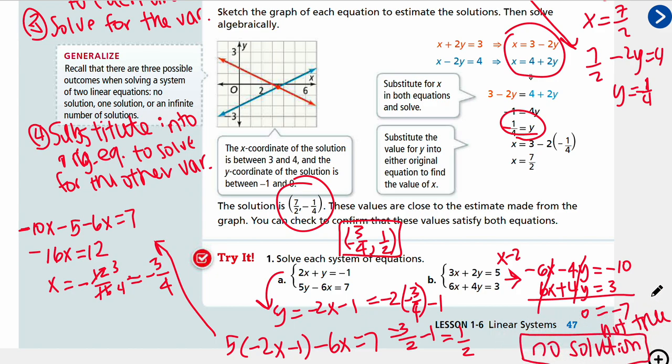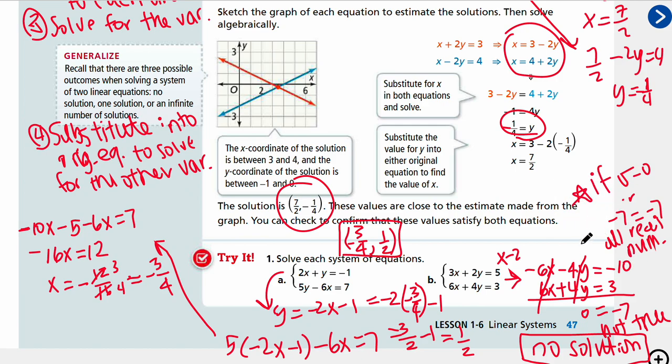Remember, if you have something like this, and your equation is true, like 0 equals 0 or negative 7 equals negative 7, then it's all real numbers. Okay?